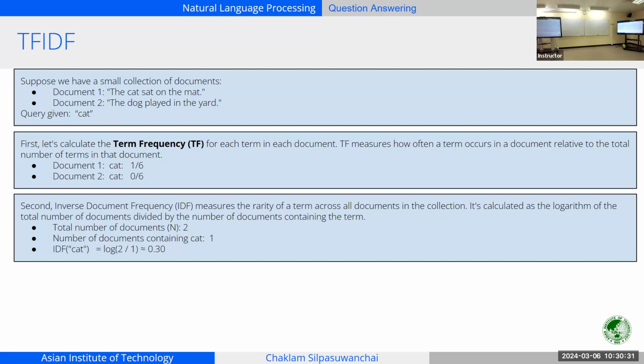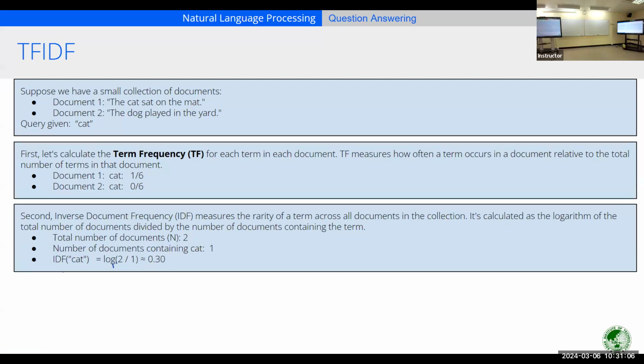Firstly, the total number of documents is 2. Then for any term, we take the number of documents containing that term; for example, cat is in 1. So the inverse document frequency is simply the total number of documents divided by the number of documents containing that term. So there is log 2 divided by log 1, and this is base 10. TF-IDF uses base 10, by the way. And that is 0.30.